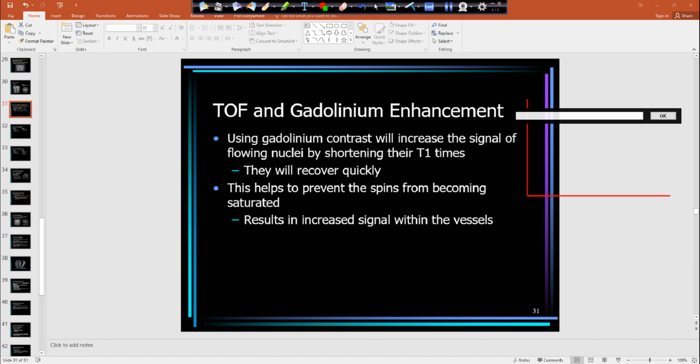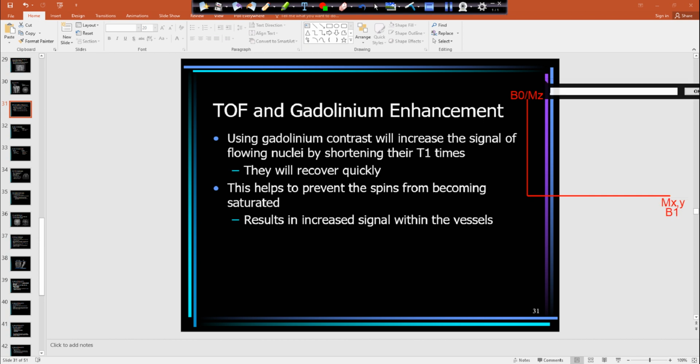It could be our magnetization along the longitudinal axis, which is M sub Z. And then our transverse plane is going to be M sub X, Y. Or sometimes it's labeled as B sub 1.